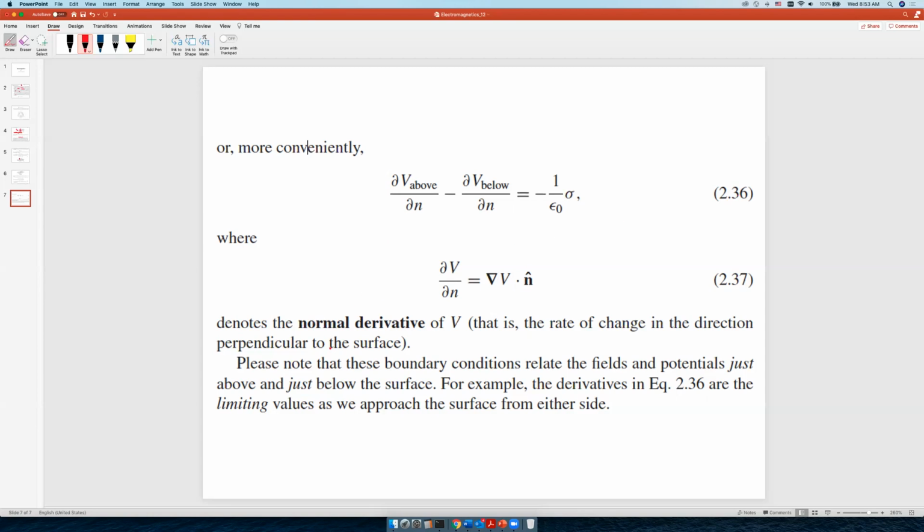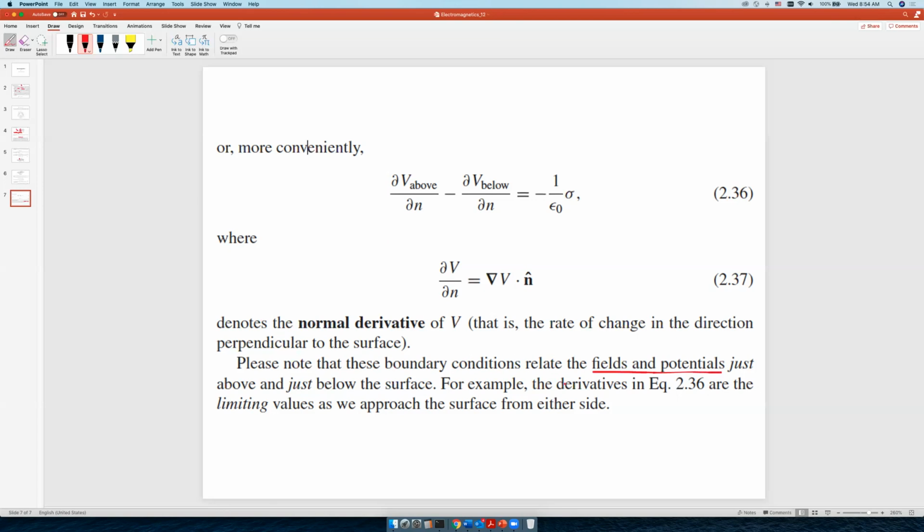So that's the boundary condition for E and V, the electric field and electric potential. Please note that these boundary conditions relate the field and the potential just above and just below the surface.